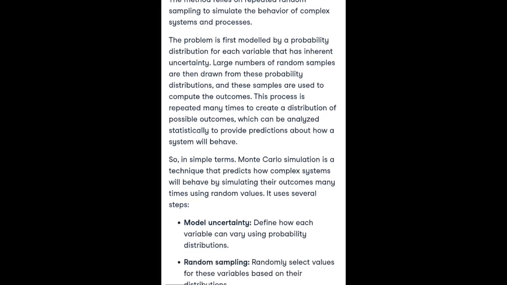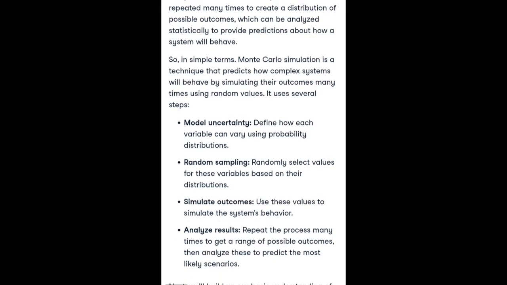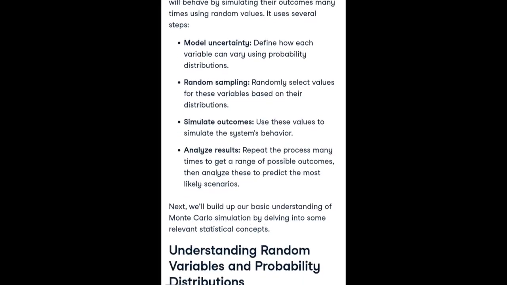The first step in Monte Carlo simulation is to model uncertainty: define how each variable can vary using probability distributions. The second step is random sampling: randomly select values for these variables based on their distributions.